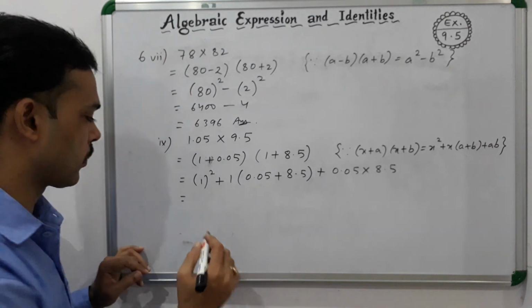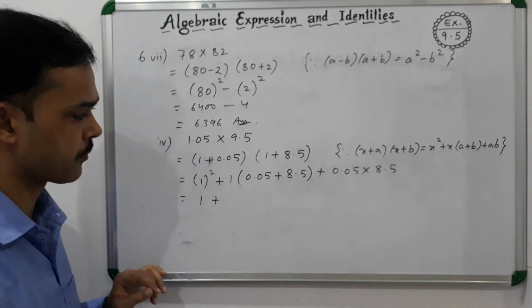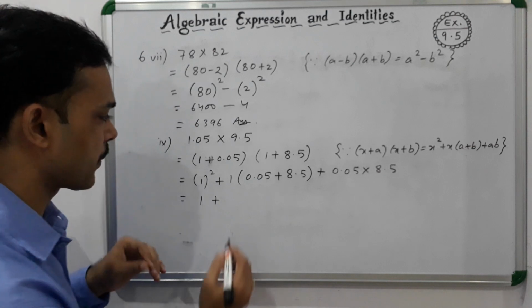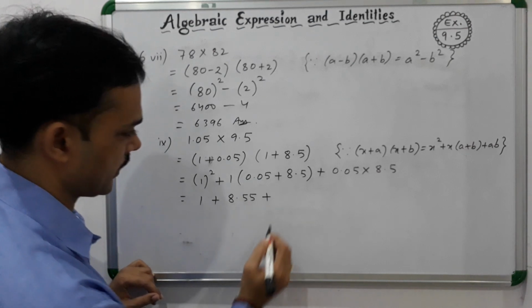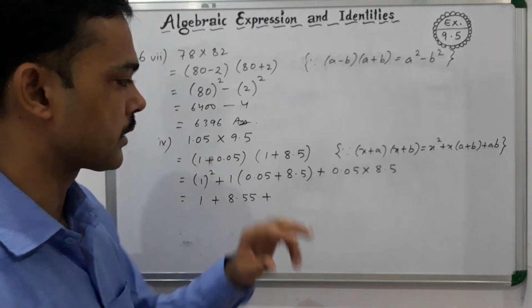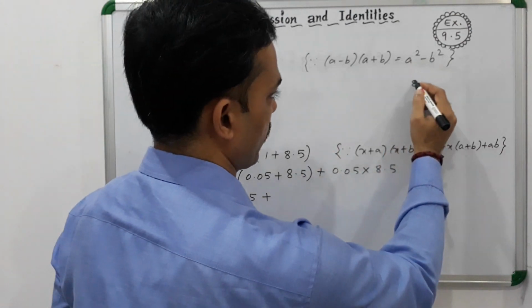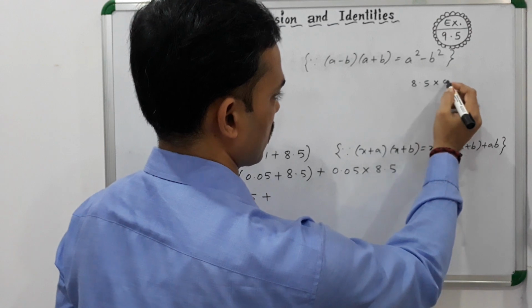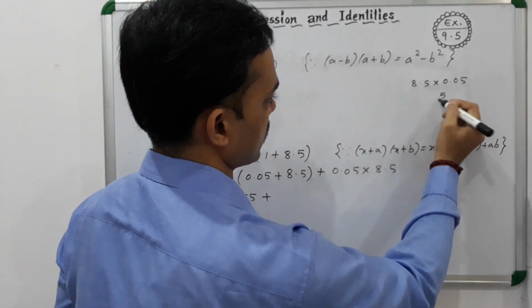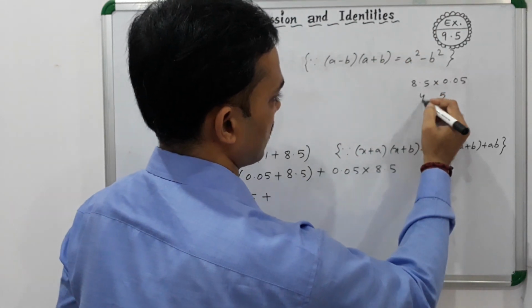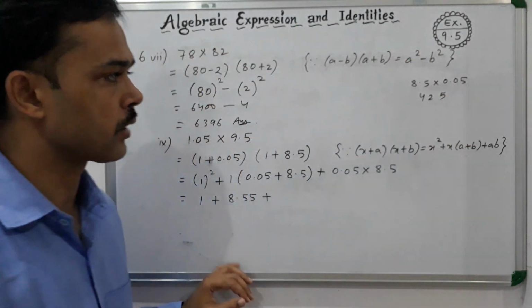Now 1 square will be 1, plus when you add these two, you get 8.55, plus when you multiply these two, 8.5 into 0.05: 8.5 into 5, 5 fives are 25, carry 2, 8 fives are 40 plus 2, 42.